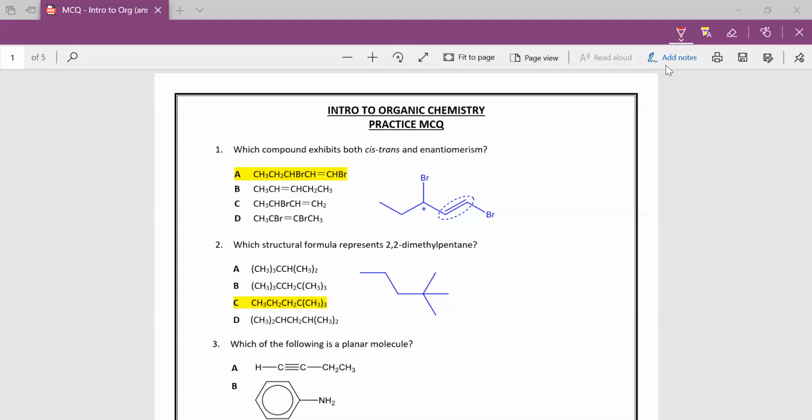B will not have, because if you draw out the structure, it will look something like this. Although it has cis-trans, it will not have a chiral carbon. C looks like this.